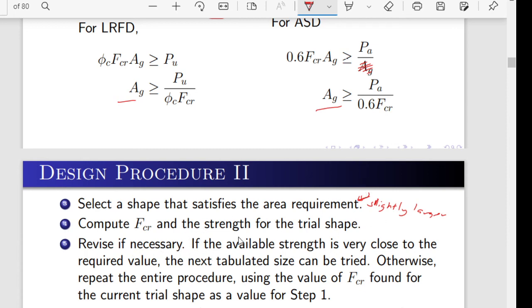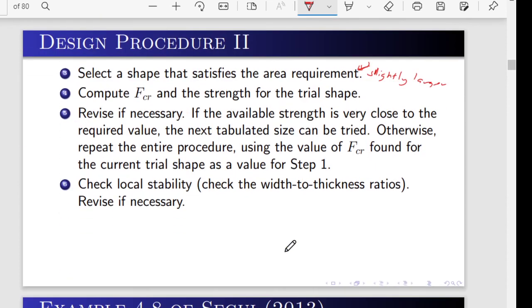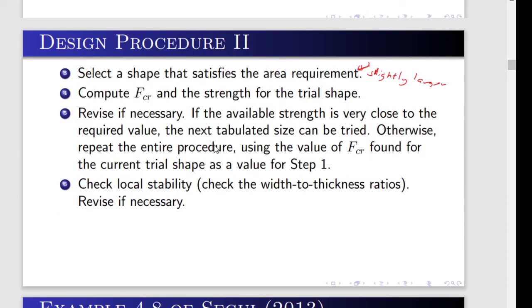Revise if necessary if the available strength is very close to the required value. The next tabulated size can be tried. Otherwise, repeat the entire procedure using the value of Fcr found for the current trial shape as the value for step 1. Then check local stability.